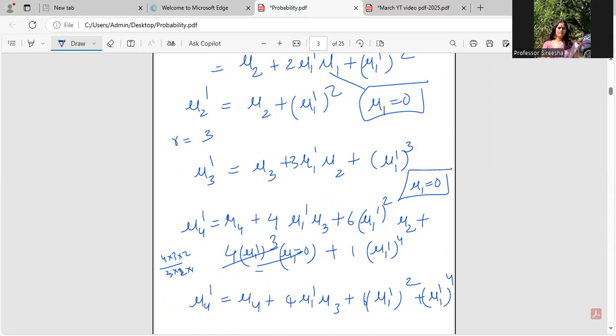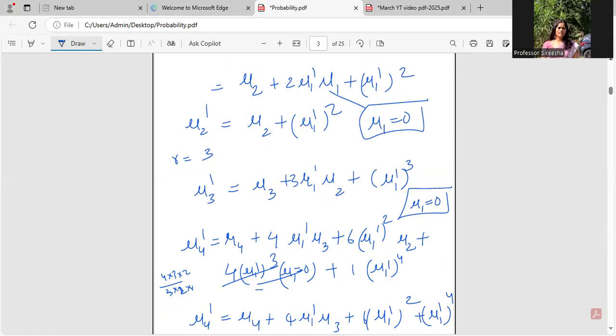And in the relationship between moments about the mean and the arbitrary point, what happens is, because of the plus minus signs, there'll be a simplification. Okay. And then the coefficients 1, 4, 6, 4, 1 get reduced to 1, 4, 6, 3, 1 kind.